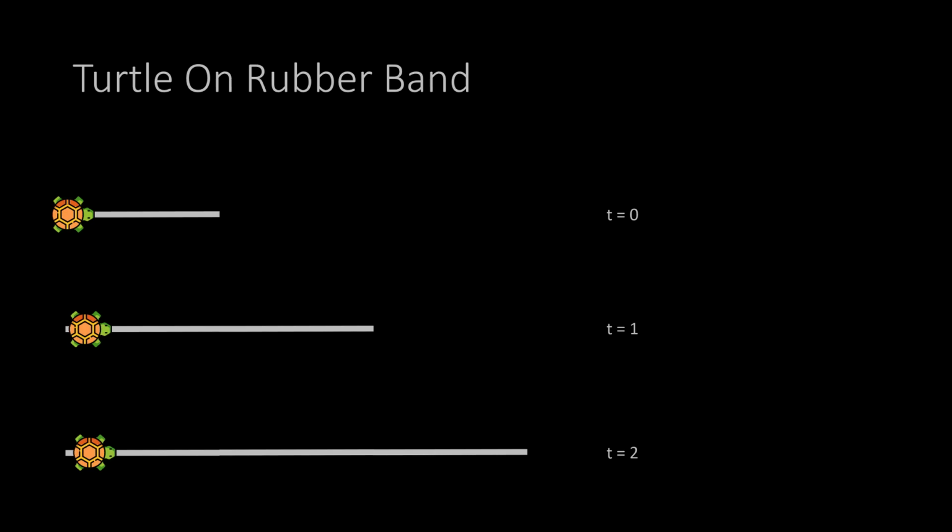We start with a 1 unit band and the turtle sitting exactly on the beginning. Then, after 1 second, the band is twice as long and the turtle made 1/10 of a unit progress. And after 2 seconds, the turtle made some little more progress and the band is now 3 times as long as in the beginning. Doesn't look that promising for the little guy.